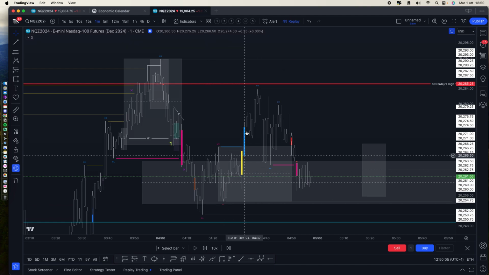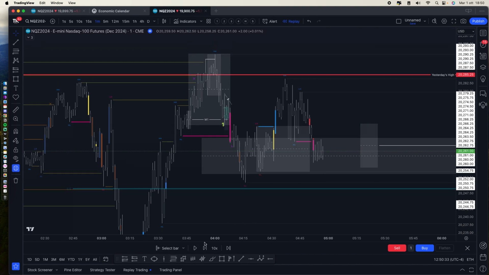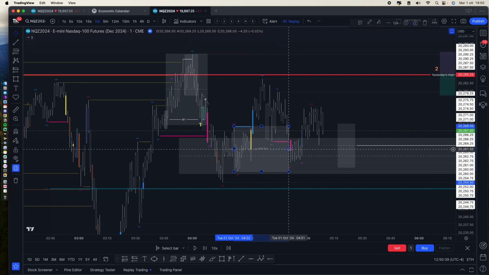So even if we have a strong displacement, we have a fair value gap, to be honest, this would be something too easy, maybe too obvious, and probably I saw this trade before taking another trade like this. So probably I did not feel comfortable with what the main trend was. Anyway, it would have been another good trade.